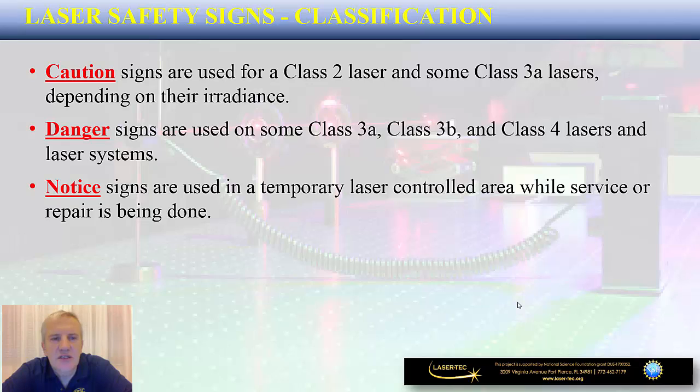And finally, danger signs are the most important ones. They are used for certain class 3R lasers of higher power levels, as well as for class 3B and class 4 lasers. So the danger sign is the most important one, indicating a significant laser safety risk and a need for mandatory laser safety protection.